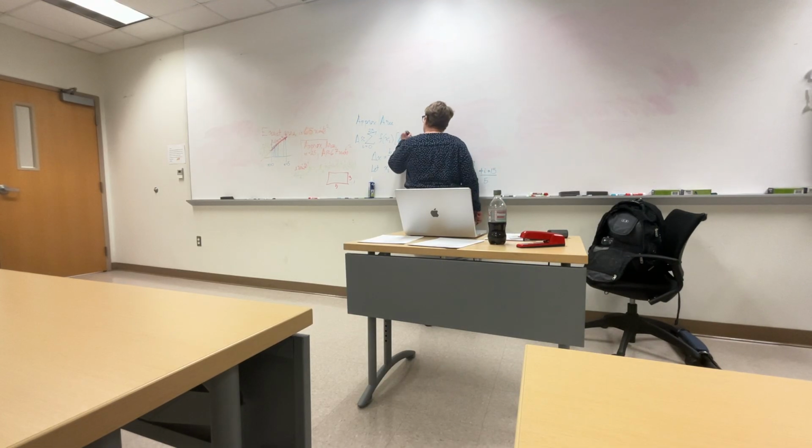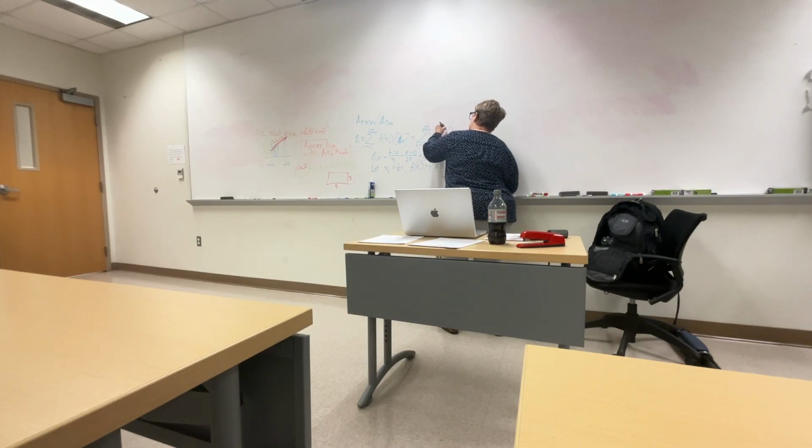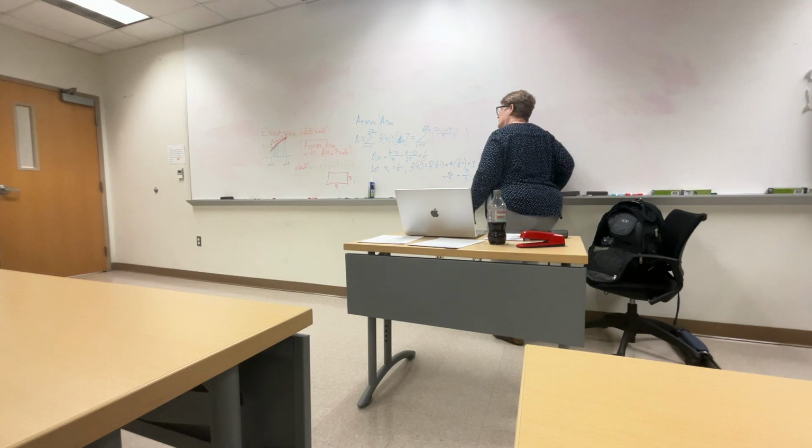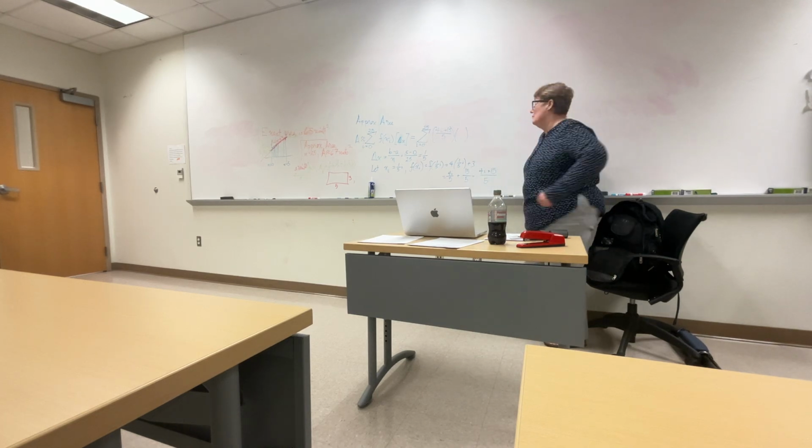So we have the sum, i equals 0 to 25, f of x sub i is 4i plus 15 all over 5. And delta x, what was delta x? 1/5.